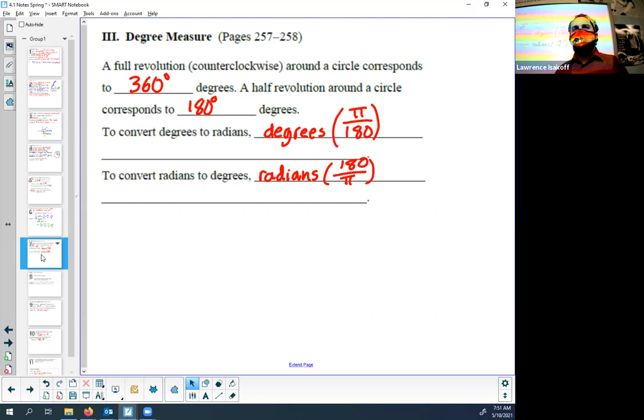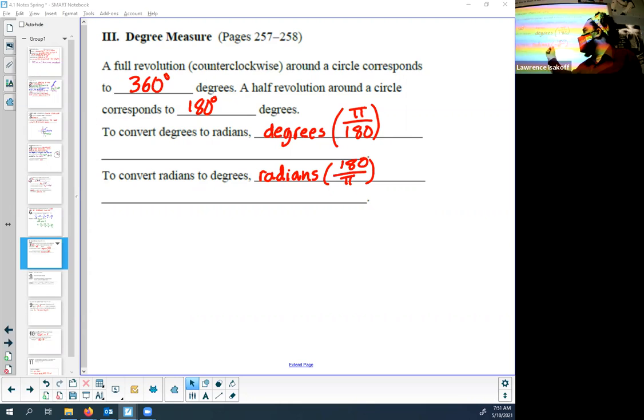Since half a revolution corresponds to just pi, if I do my degrees times pi over 180, that will convert to radians. If I have radians and want to convert to degrees, I flip that fraction around.